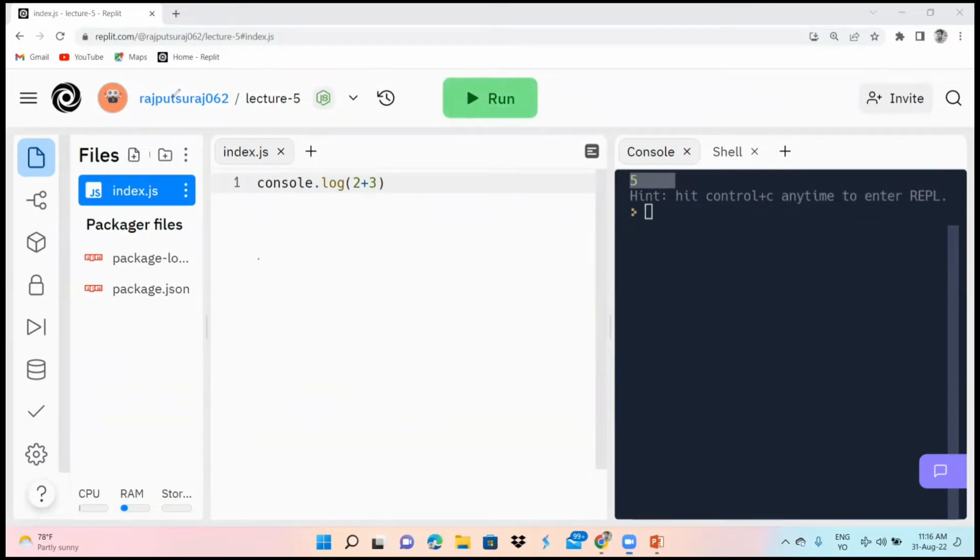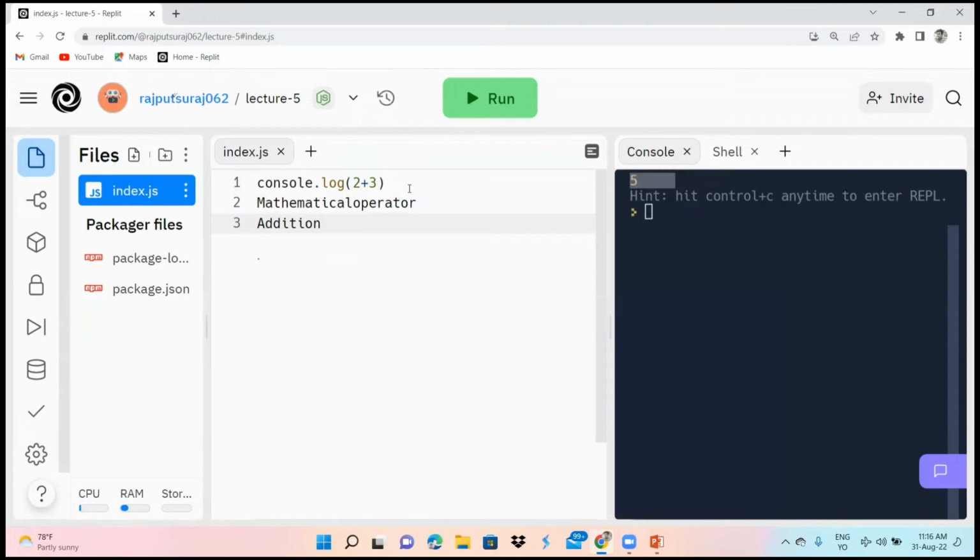Now if we write here what is mathematical operator, we have 4 types of basic mathematical operators.